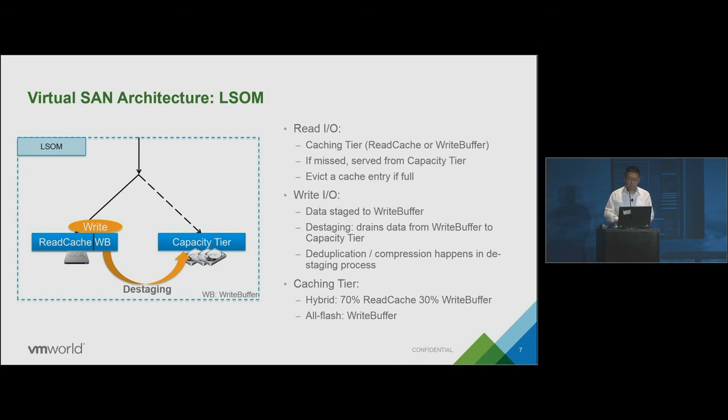It is worth mentioning that the dedupe and compression feature is implemented in this destage process in the all-flash setup. Also, for the all-flash setup, the whole of the caching tier is used as a write buffer. There is no concept of read cache in all-flash setup. And the read I/Os are directly fetched from the capacity tier SSDs.